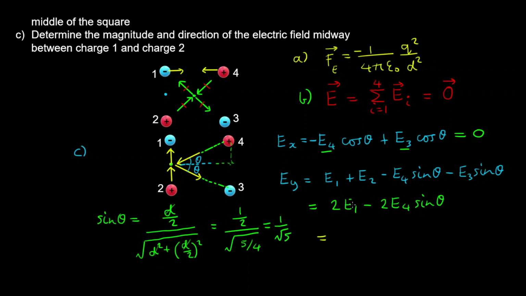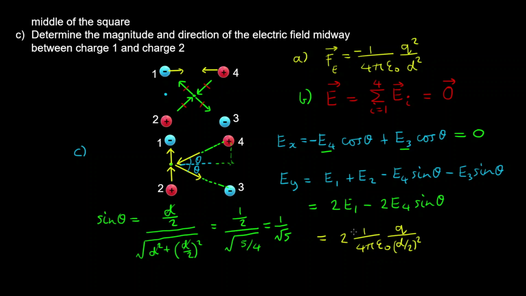And now we can compute the electric field of charge 1. So we have 2 multiplied by 1 over 4 pi epsilon naught, multiplied by that charge, which is Q, over the squared distance between this point and the charge. So that would be (d on 2) squared.